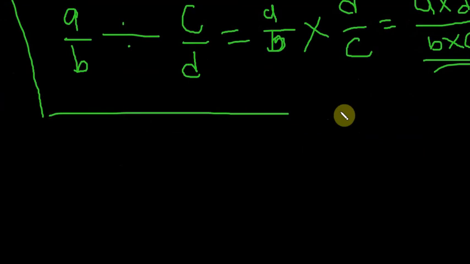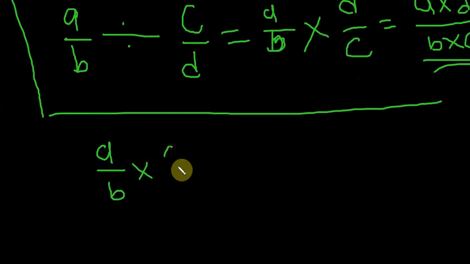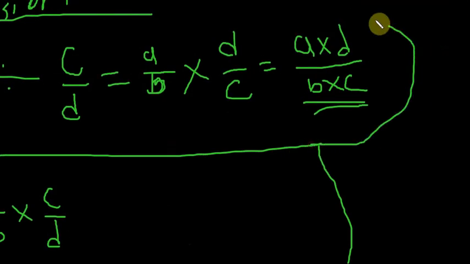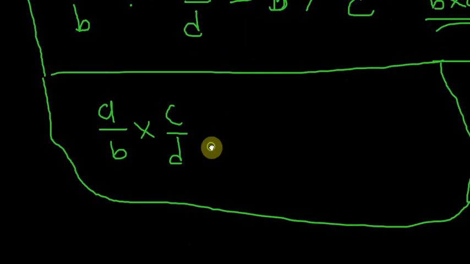If you are doing multiplication, for example, A over B multiplied by C over D, you will just multiply straight right away.